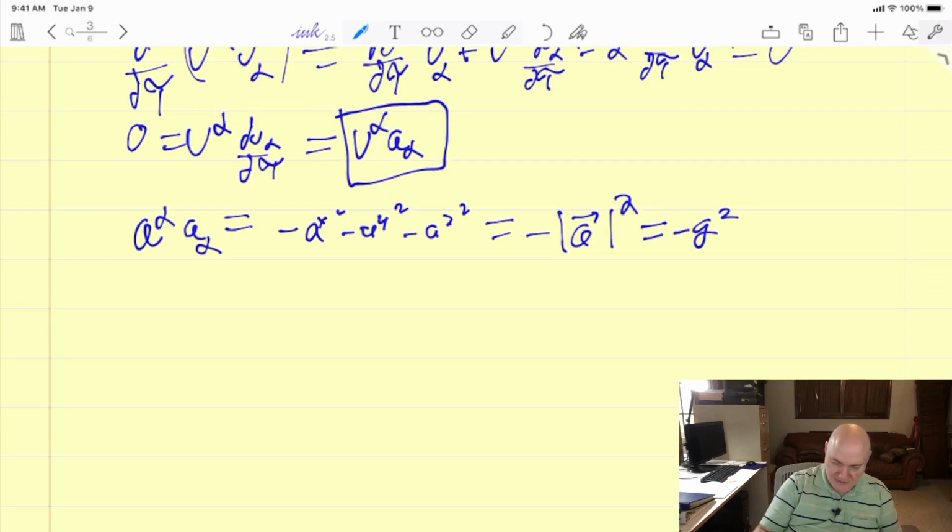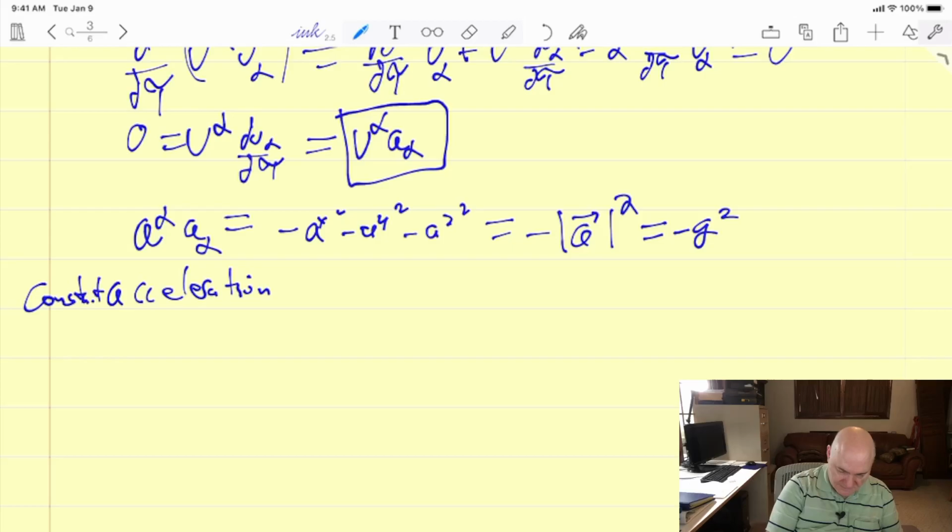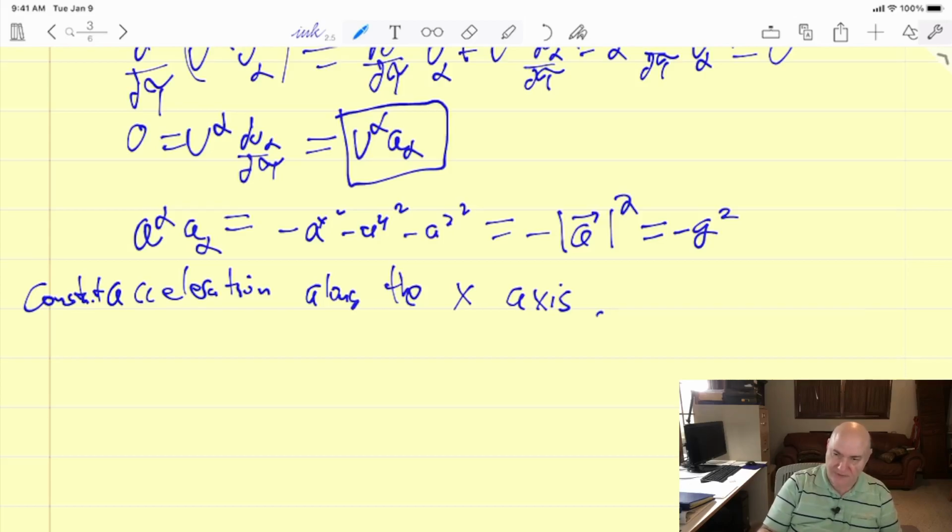And we're going to have constant acceleration along the x-axis. And when I mean constant acceleration, I mean the 4-acceleration is constant along the x-axis, or the proper acceleration is constant. So this gives us one more equation.